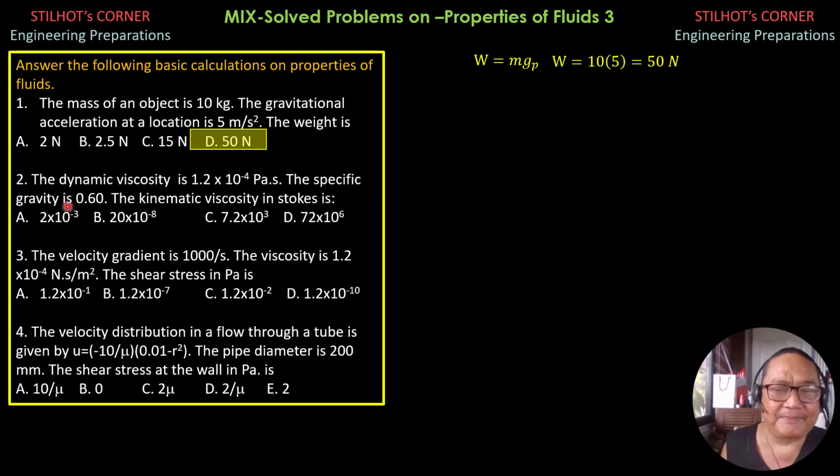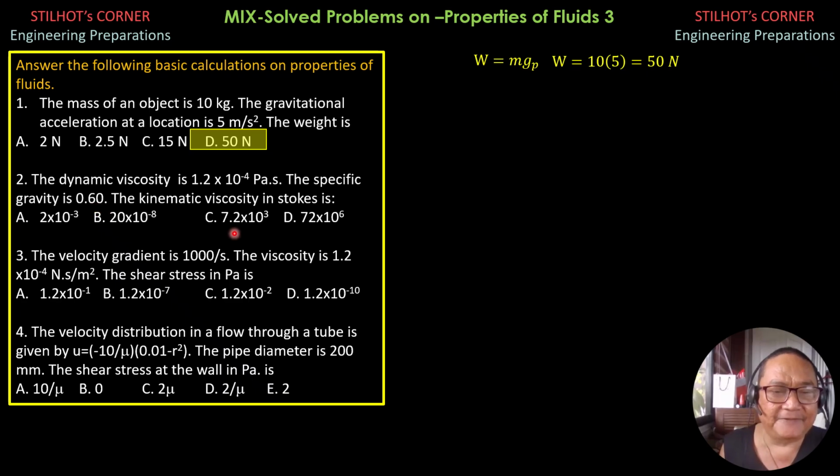Number two, the dynamic viscosity is 1.2 times 10 to the negative 4 Pascal second. The specific gravity is 0.6. So that means the density of this liquid is 600 kilograms per cubic meter, 0.6 times 1,000 kilogram per cubic meter for the density of water.